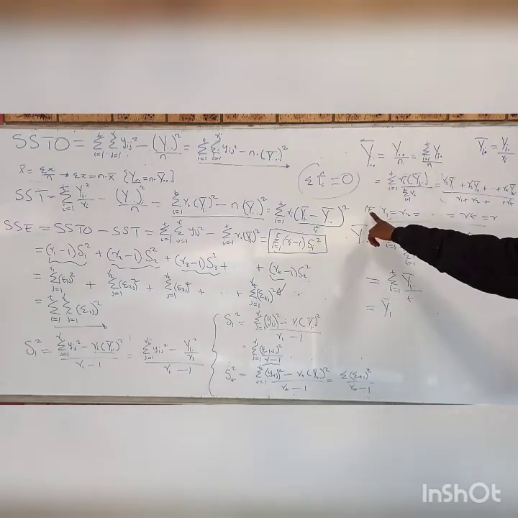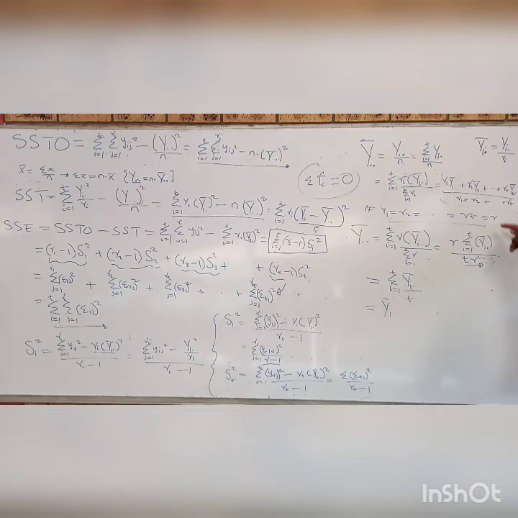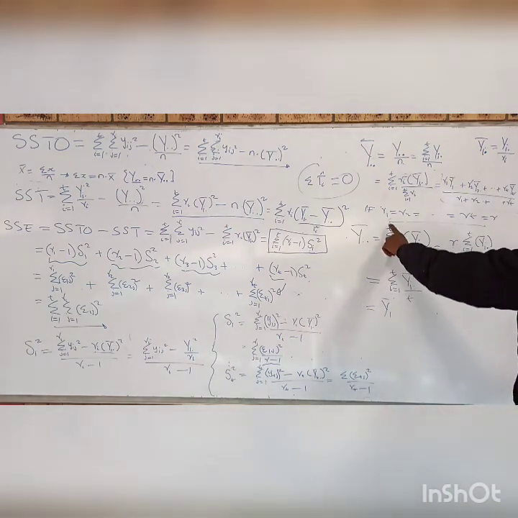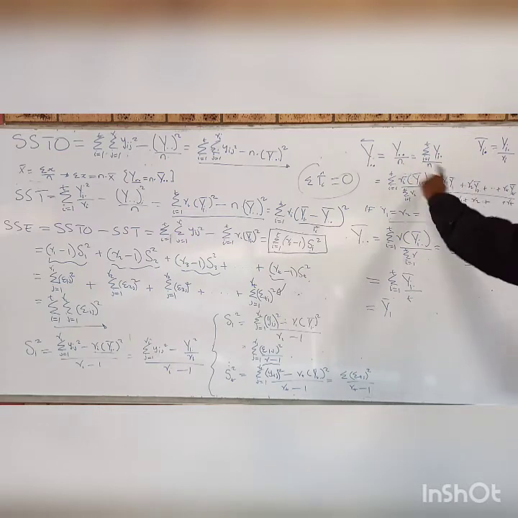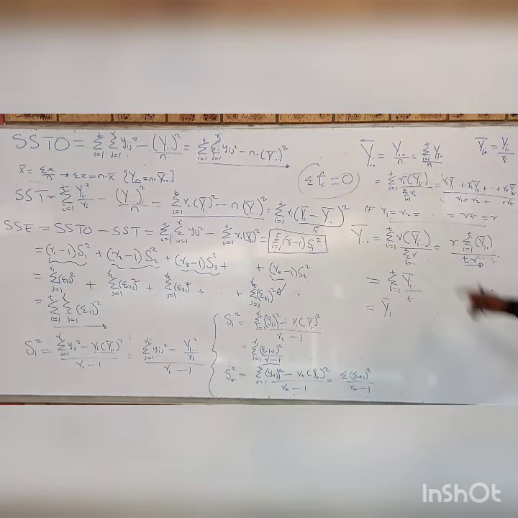If R1, R2 until RT are all equal to R, we have our grand mean as the summation from i to T of R times Y i bar dot, divided by the summation of R. Since R is a constant, the number of replications, we can take R out.